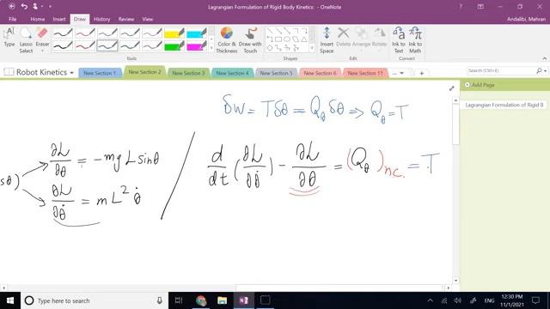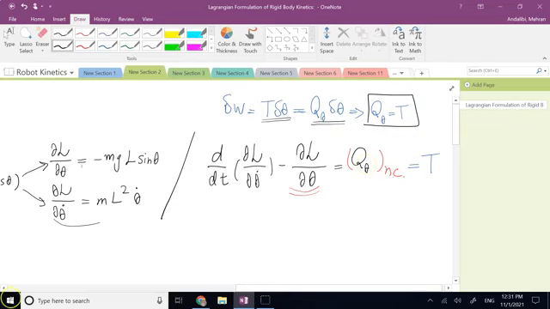Right? So we always use equality of the virtual work done by actual couples and forces and set it equal to the virtual work done by these generalized forces, and then through that equality we find what those generalized forces or moments are going to be.